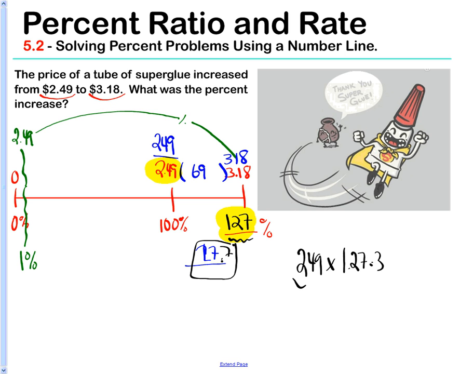Now, the benefit of doing this test is that when we get our 316.23, we can say, oh, that's pretty low. That's not even really that close to 318. It's almost 2 whole cents off.